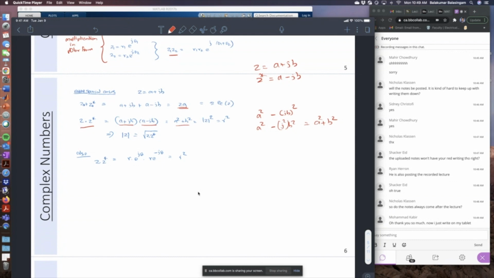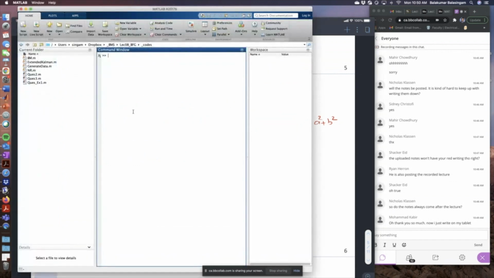Okay, you'll be doing a lot of MATLAB, so let me show you how I would type a complex number in MATLAB. Let's say S is 2 plus 3j. In MATLAB, it says S is 2 plus 3i.